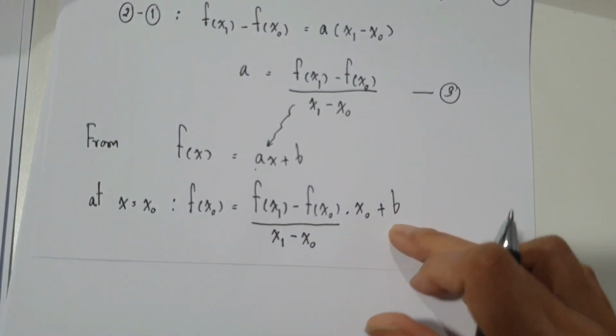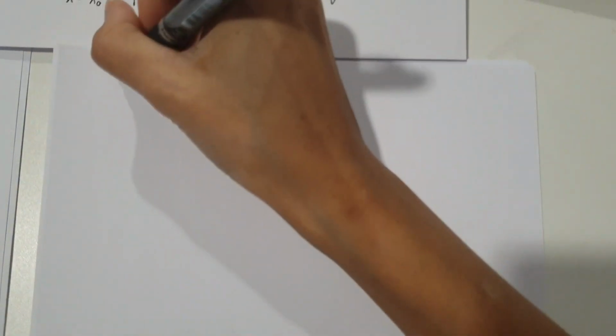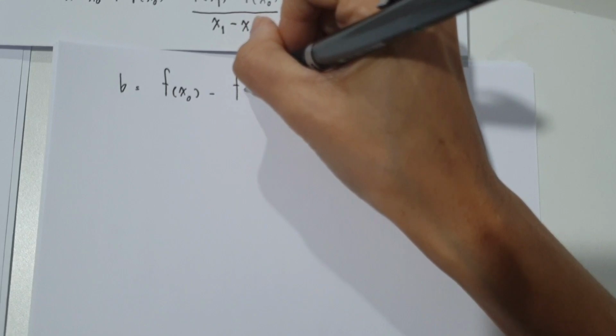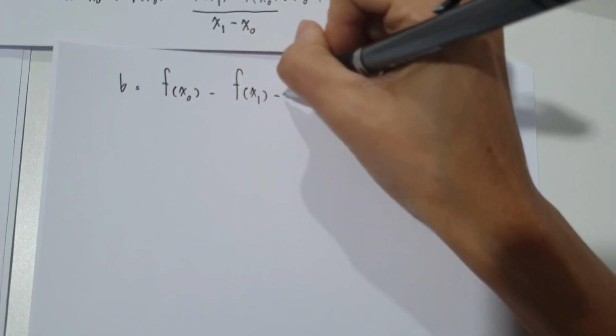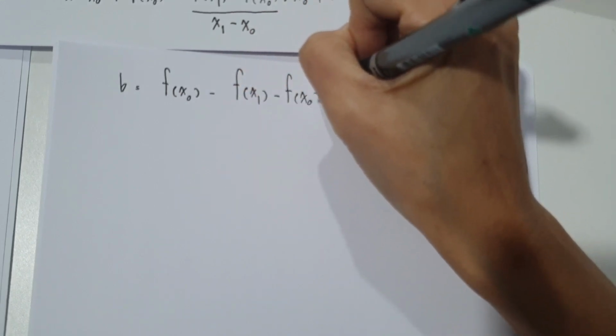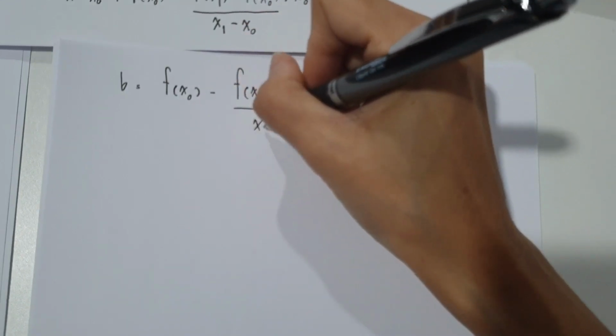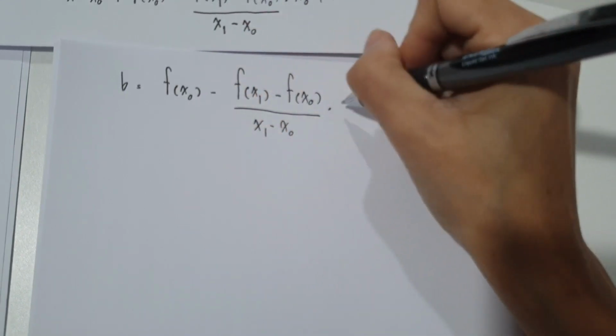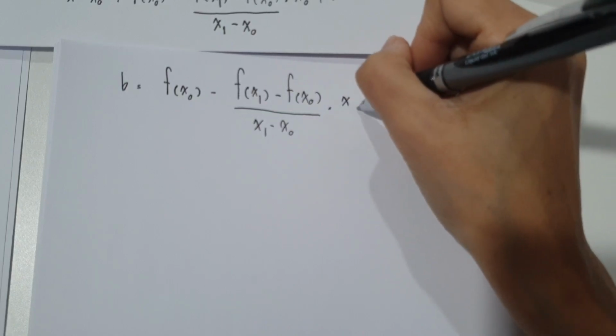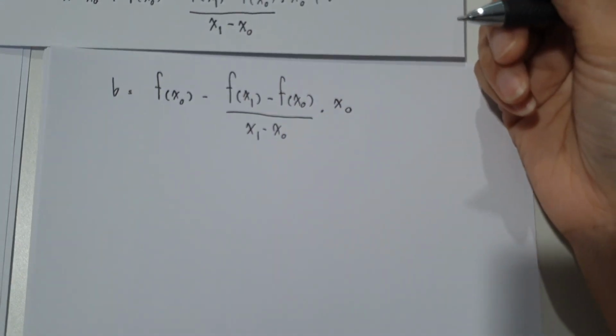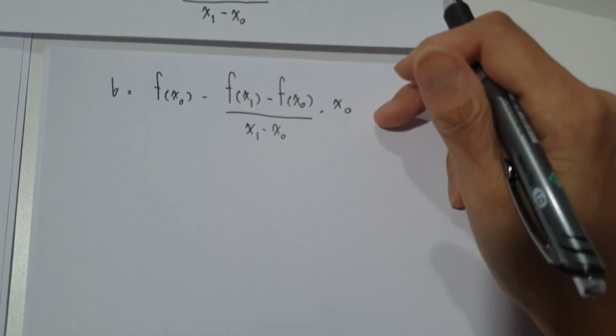So from here, b can be written as f(x0) minus (f(x1) minus f(x0)) divided by (x1 minus x0) times x0. Okay, this is the b term.